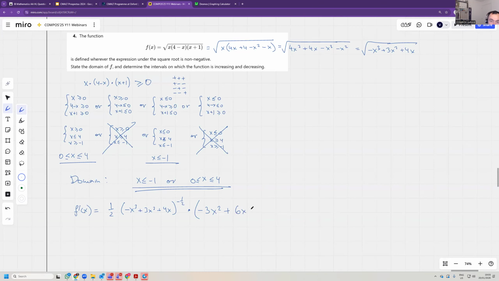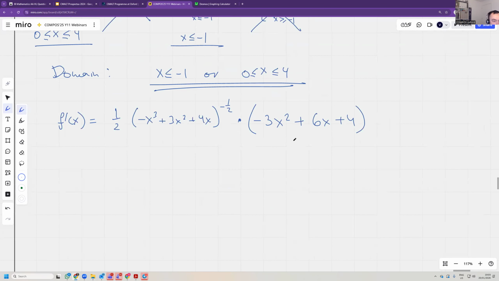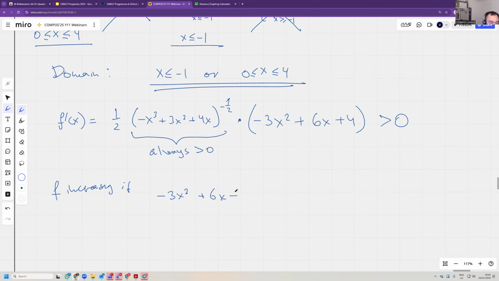And that must be positive. This is a square root, so that's always greater or equal to 0. So we don't care about that. So f is increasing if minus 3x squared plus 6x plus 4 is greater than 0.